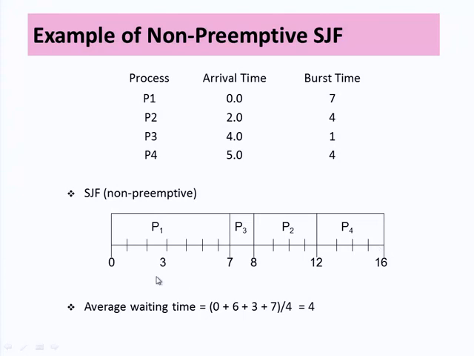Now calculate the waiting times. P1 arrived at T0, served at T0. So that's 0. It doesn't have to wait.